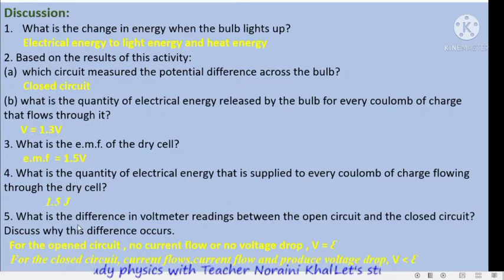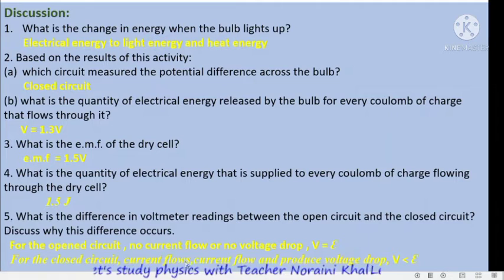Okay, the difference in the voltmeter reading, you can see the first in the open circuit, the reading is 1.5 volt. In the closed circuit, it becomes 1.3 volt. So for the open circuit, no current flow or no voltage drop. Thus, the reading of the voltmeter is equals to EMF of the battery.